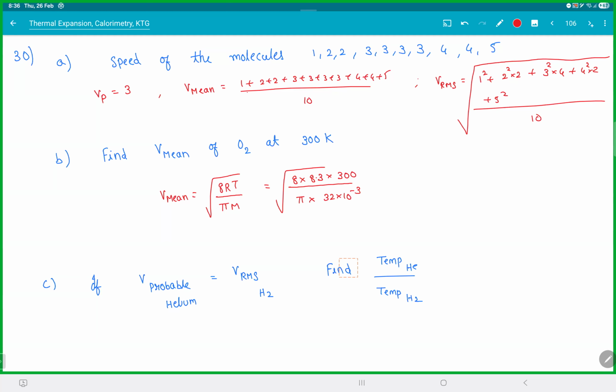What about this one? V probable of helium is root over 2R temperature of helium by molecular weight, equal to root over 3R temperature of hydrogen by molecular weight. Square on both sides, R will cancel, and then you'll end up with 2 T helium over the molecular weight of helium, 4 into 10 power minus 3, equals 3 into T2 over 2 into 10 power minus 3.